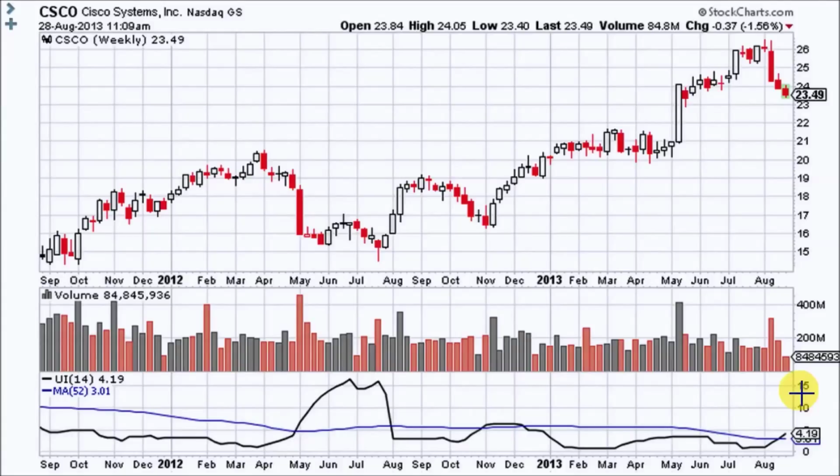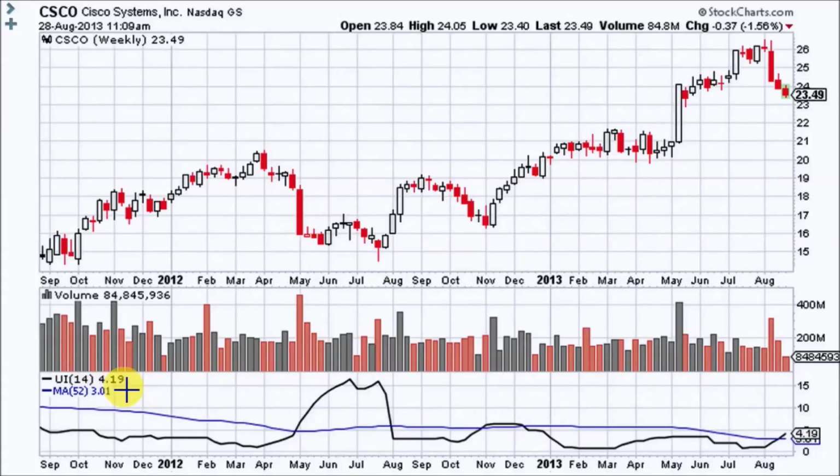And what you use this for basically is to compare. Let's say you're looking at 4 stocks in the technology sector, like Cisco. It has an average drawdown of 3.01 over a year period, and is above its average at 4.19%.